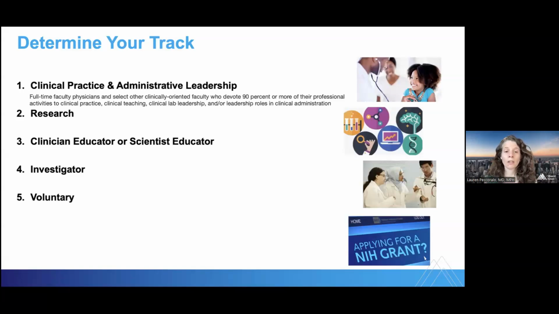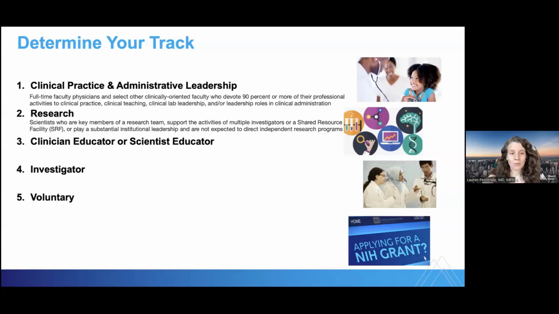For example, you might have a psychologist or a nurse practitioner who could apply for this kind of track, who devote 90% or more of their professional activities to clinical practice, clinical teaching, clinical lab leadership, or leadership roles in clinical administration. Okay, so that's the clinical practice track.